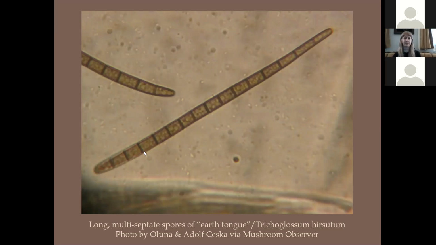And I was like, what's up with those? Is this like four spores that are stuck together? But it's not. This whole thing is just one spore, and it is many septate. Each one of these divisions is a septum. So if your spore is septate, that's something to note, and it's going to help you with your ID.